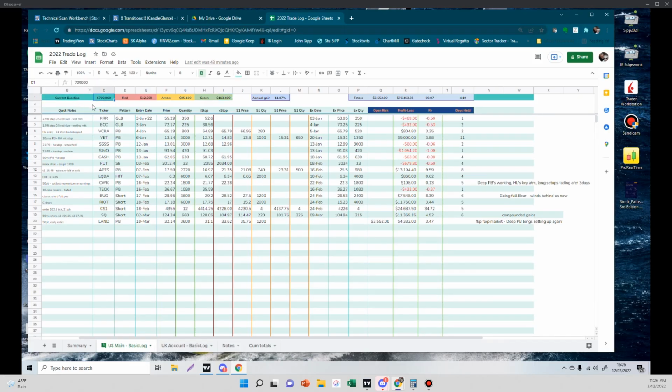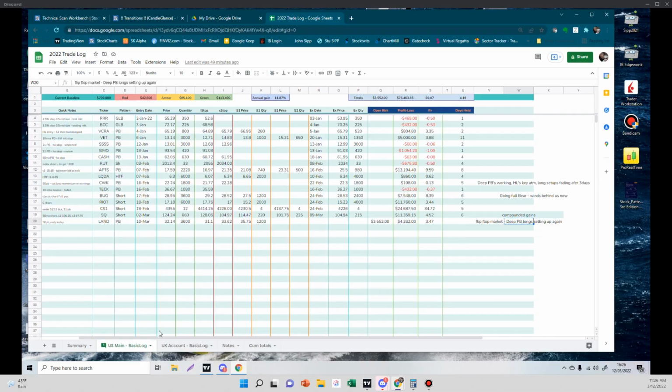So my sizing's increased, and I'm on green as well, so that's allowed me to make some gains. The only one I'm in just now is land, which is another deep pullback long, which seems to be working again.